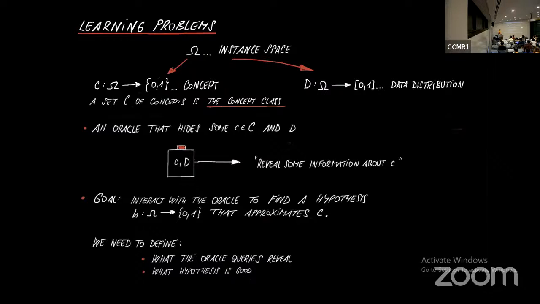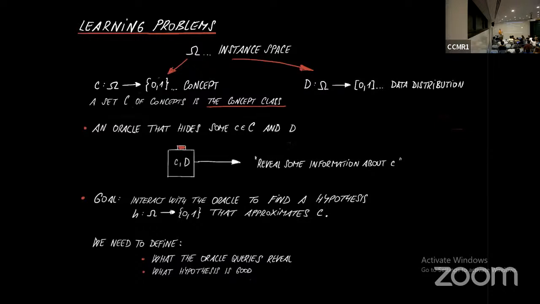An instance space is a set over which you learn. You also have to define a notion of a concept. A concept is going to be some subset of the instance space. And generally, learning problems are going to be characterized in terms of a concept class. A concept class is a set of concepts that essentially define your problem.